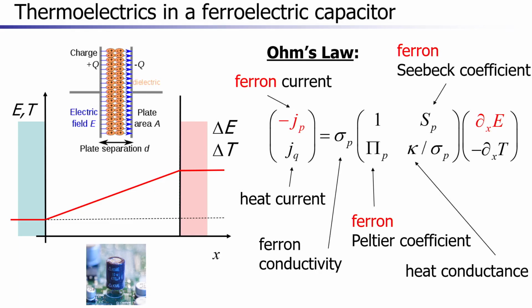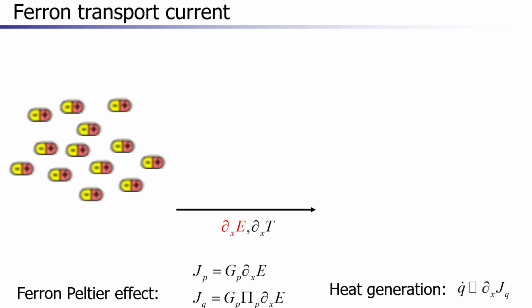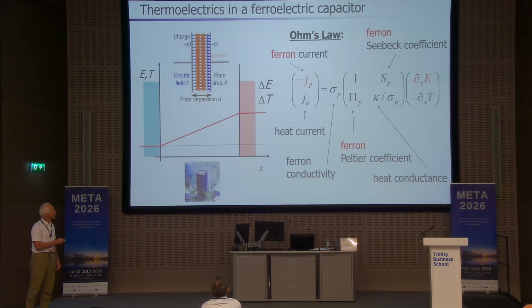But polarization or ferron currents can flow under either a gradient of the electric field or the gradient of the temperature. Now, the polarization and the heat current are related by a 2x2 Onsager type of resistance, which characterizes the Seebeck coefficient and the Peltier coefficient.